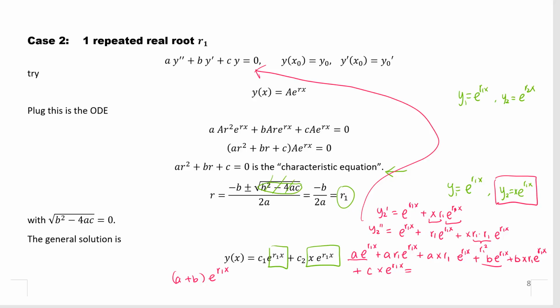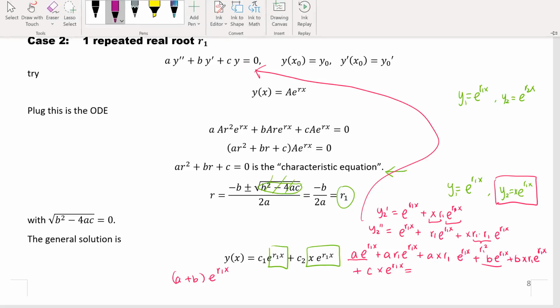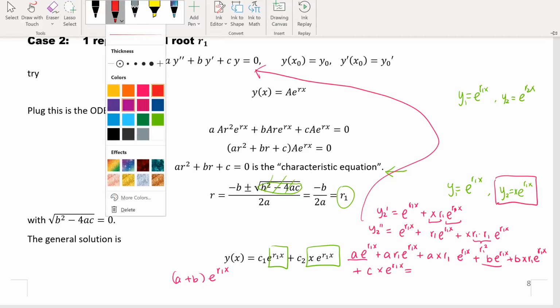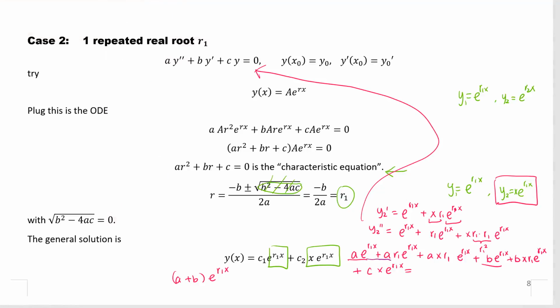Let's see x. Oh, I see that I forgot one thing. I forgot a vector. I also forget this one. So those are the terms of e to the r1x.